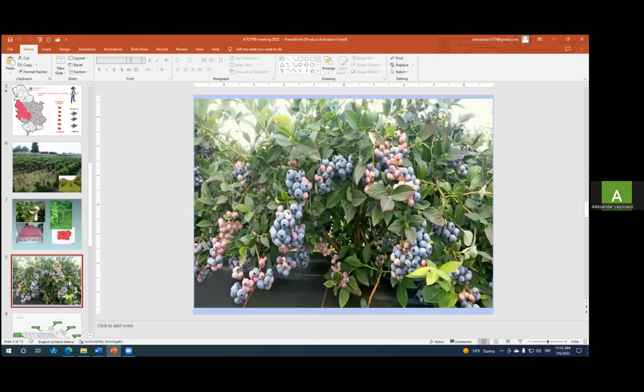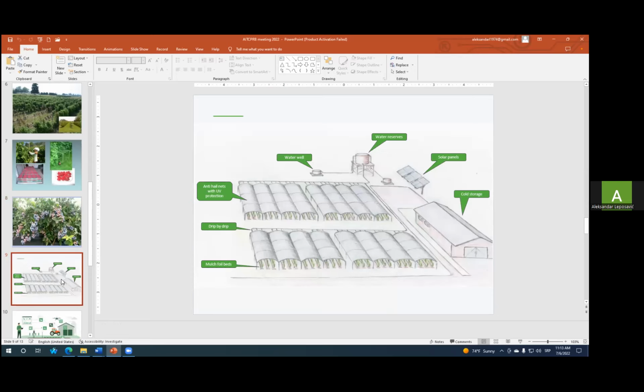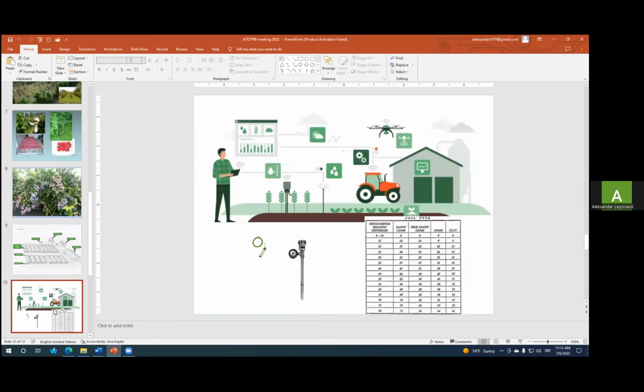I told you we have really good blueberry production in our country, and a project, SMART4ALL. This project deals with SMART4ALL issues: digitalization of agriculture, a mobile sensor for plants, soil and environment, and digitalization of transport and logistics.